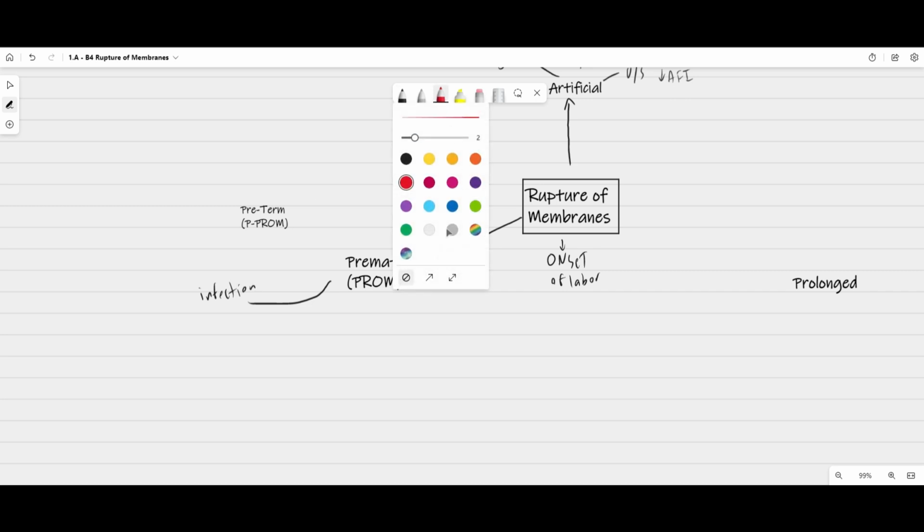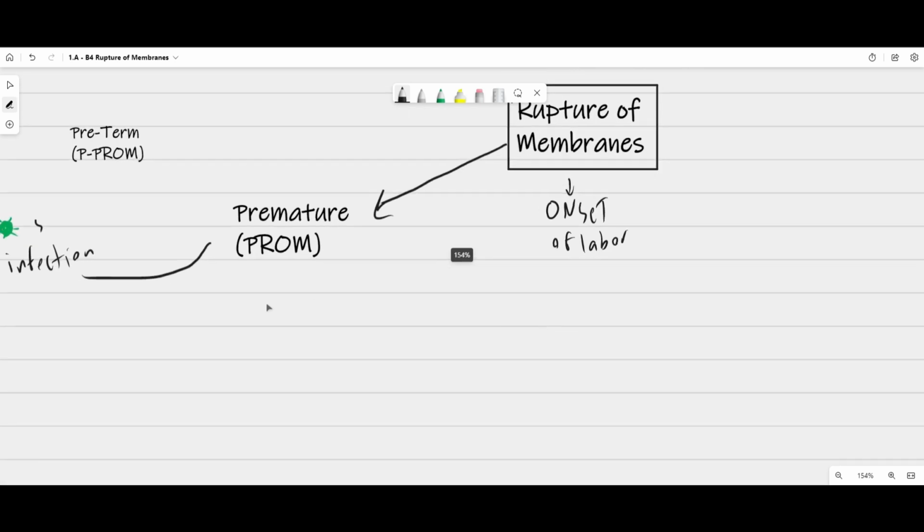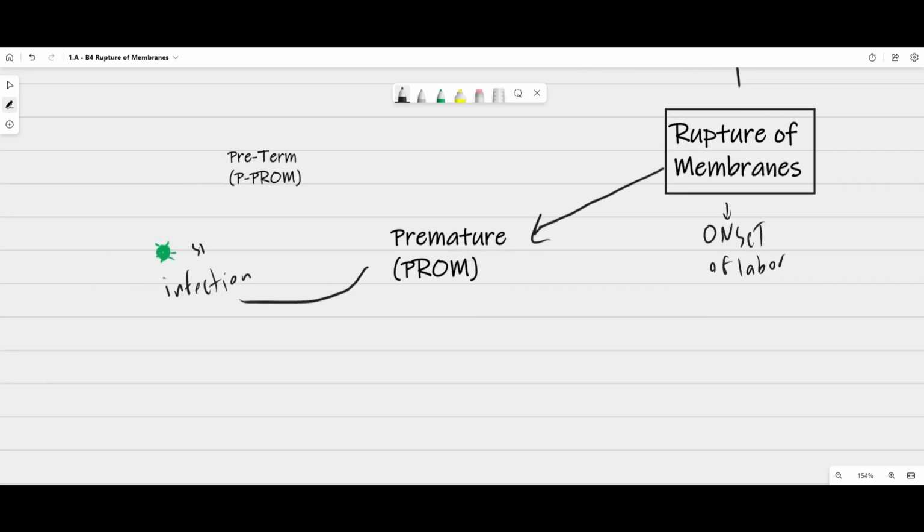Let's draw our infection guy here. It looks like a green sun, but that's our infection. This may be STDs, STIs, whatever we call them these days, or just other infections. So big infections, not like a cold or anything like that.